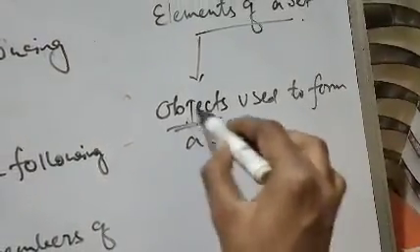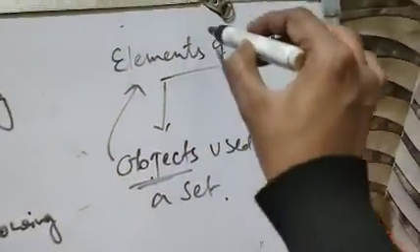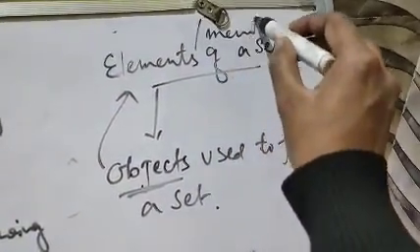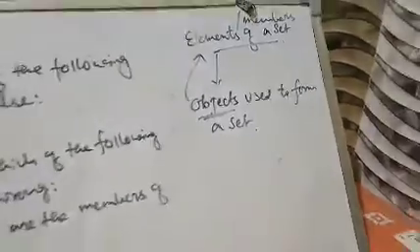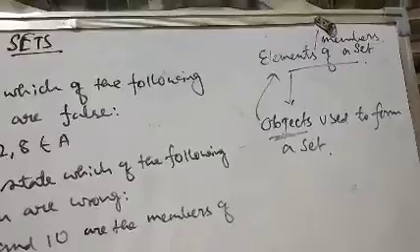The objects are termed as elements, right? They are also known as members, elements or members of a set. So the objects which are used to form any set are called elements or members of that set.